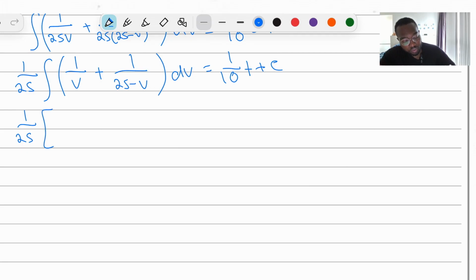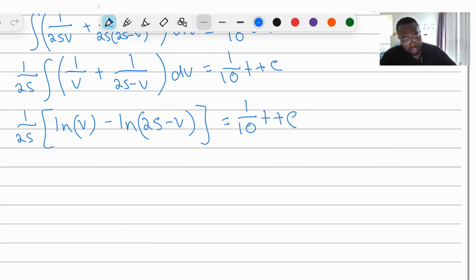Now 1 over v, if we integrate that, is simply ln v. And integrating the 1 over 25 minus v, remember, if we differentiate that denominator, we get a minus 1, so it's a minus ln(25 minus v), okay? That is key, just remember it's going to be a minus. And that is equal to 1 over 10 t plus c.